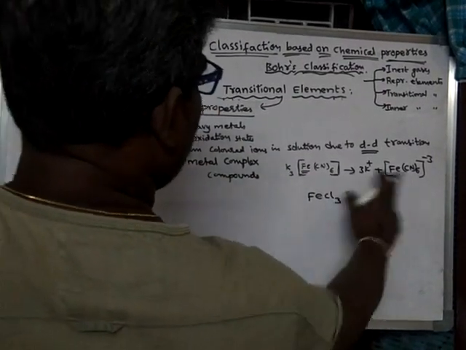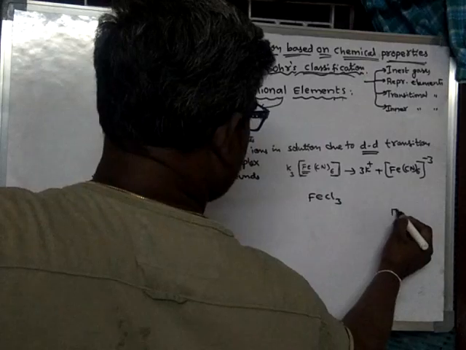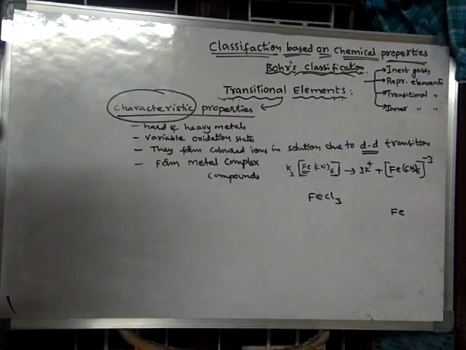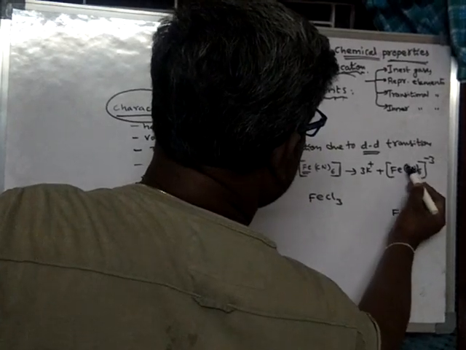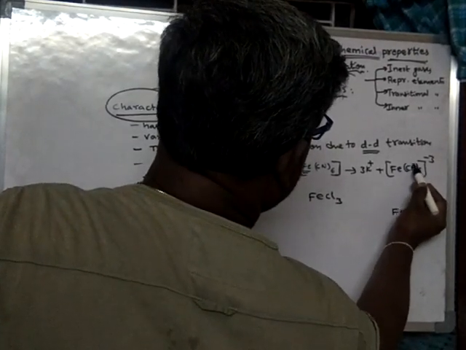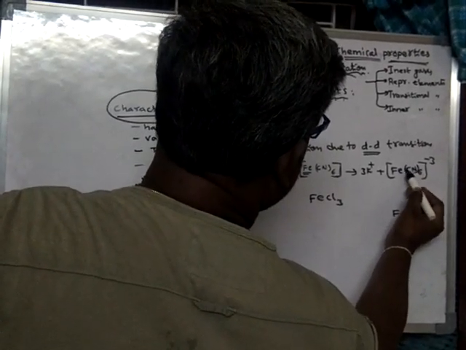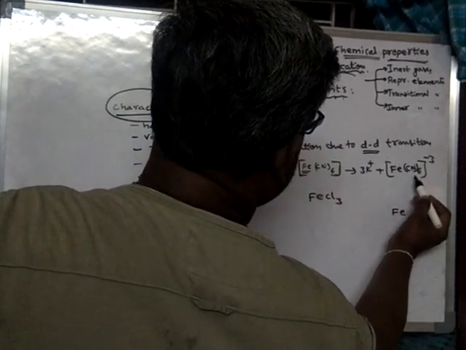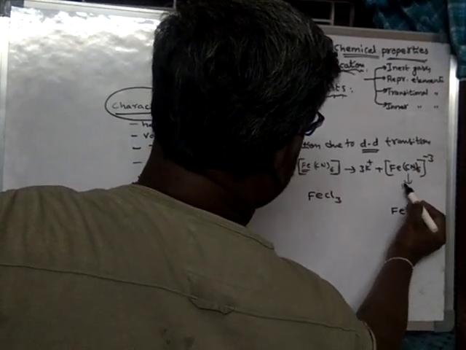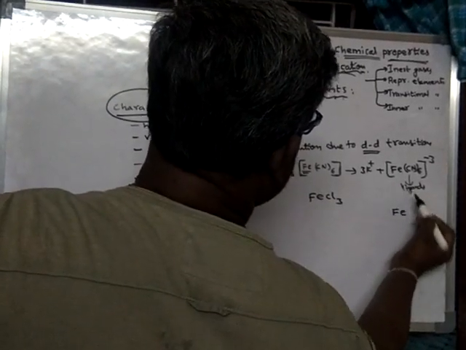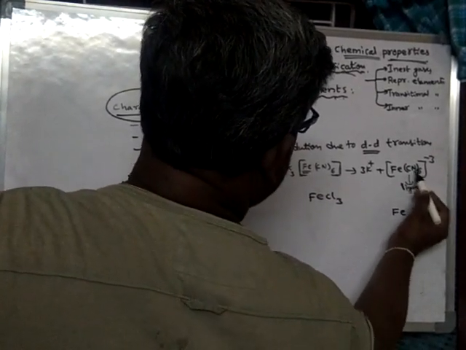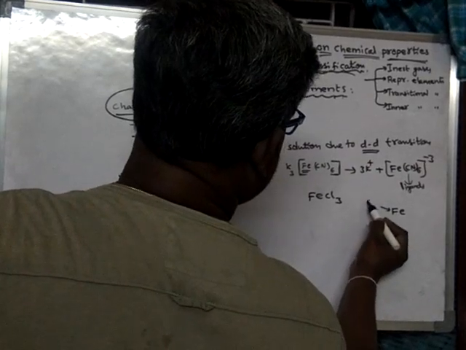Actually, in a complex compound, the metal stands in the central position, and these ions, this group, are called ligands. These ligands supply electrons.